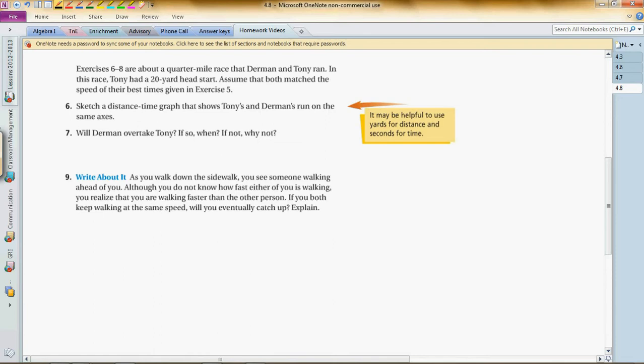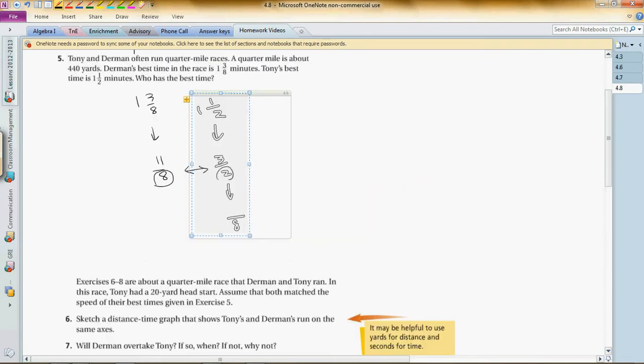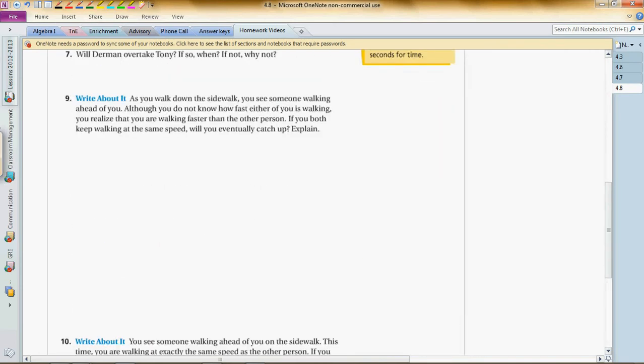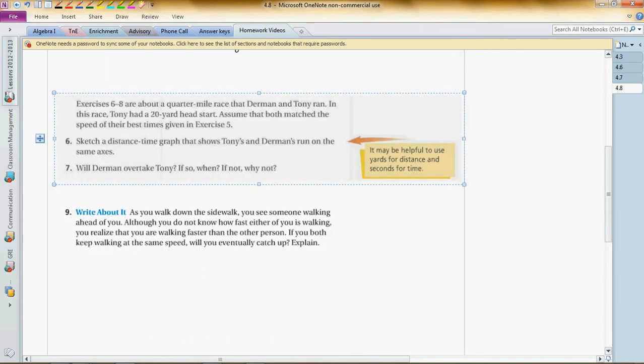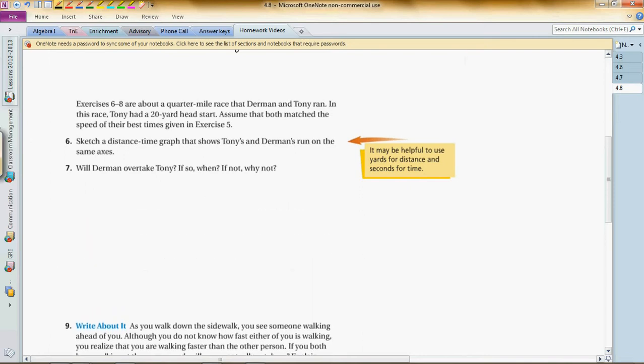Okay, so the distance-time graph will be, again, time is always on the horizontal axis, and the distance is on the vertical axis.